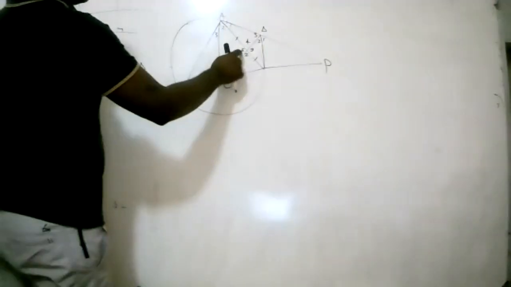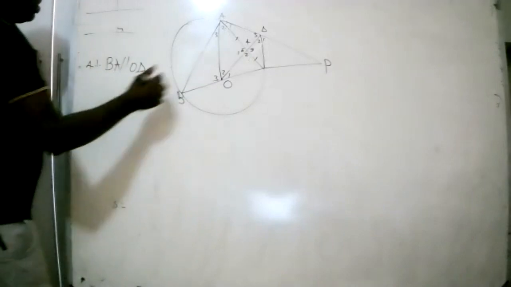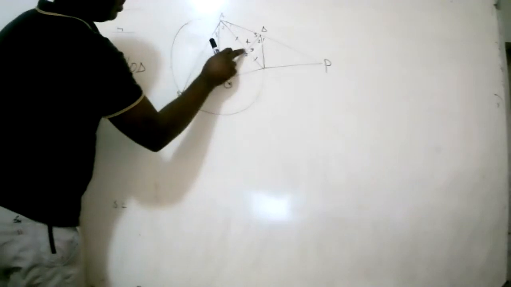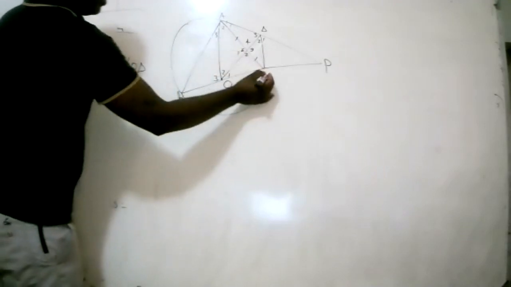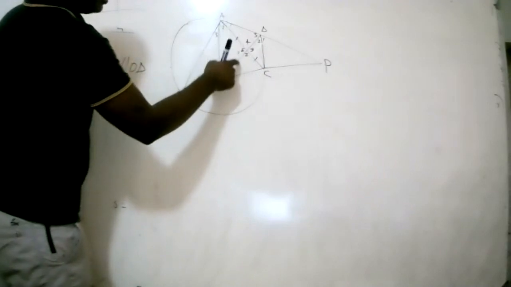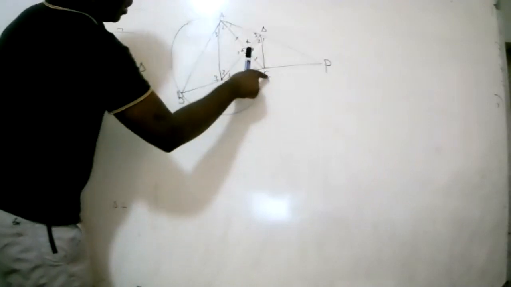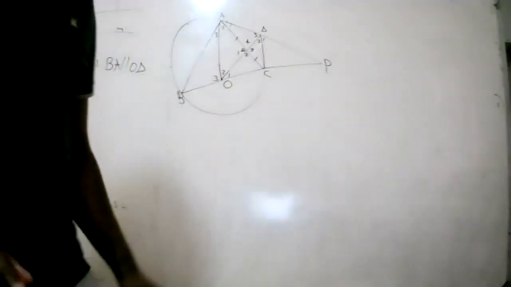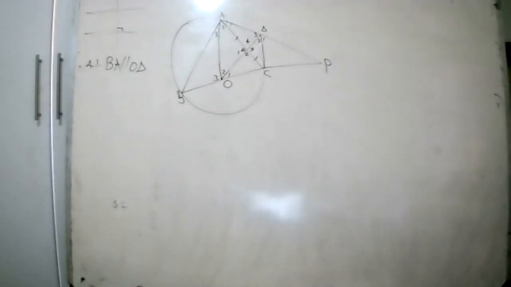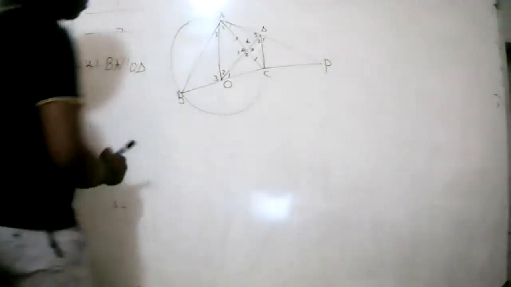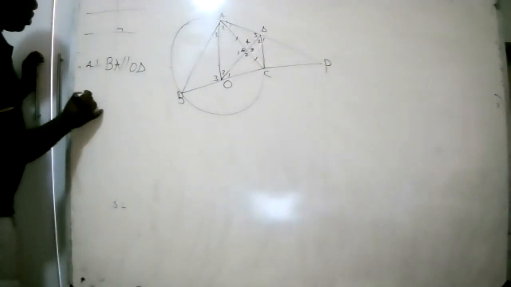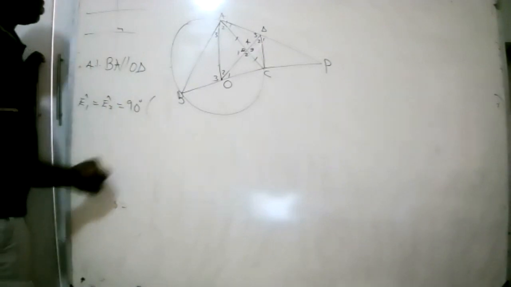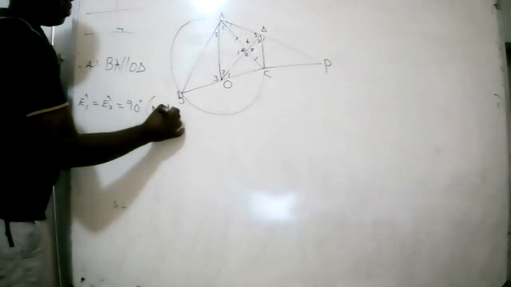Because already we know, down here, we are told that AE is equal to EC. If these two lines are equal, what does it say about this line and that line? So it means these two lines are what? Perpendicular to each other, right? It's information which is given from the first theorem I proved for you. So angle E1 will be equal to angle E2, which is equal to 90 degrees. Why is that equal to 90 degrees? So we are using the what? The midpoint theorem, right?